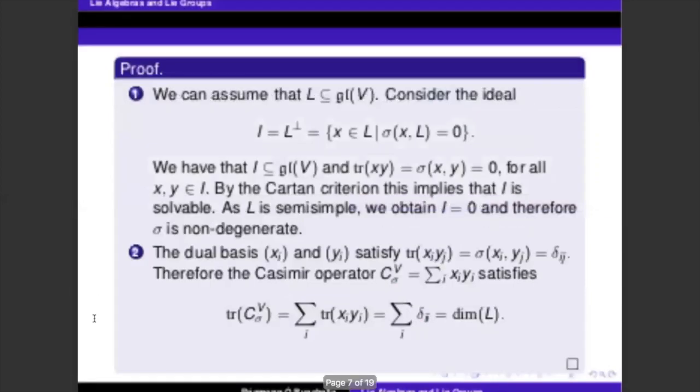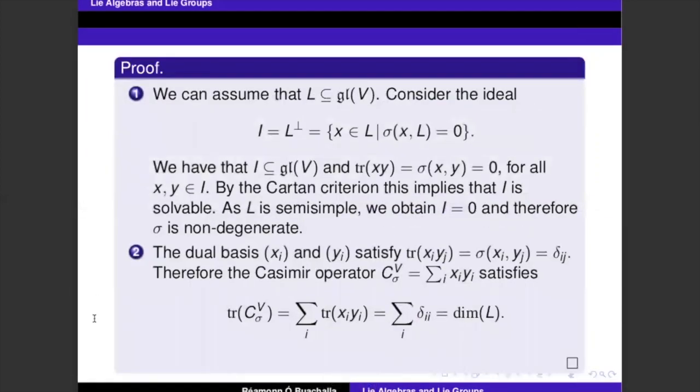Okay. So let's prove that. For simplicity, because it's an injective representation, we can assume without loss of generality that L is contained inside the general linear group of V. So if we consider the ideal I, which is going to be, again as usual, the elements inside L that are perpendicular with respect to every other element inside there.